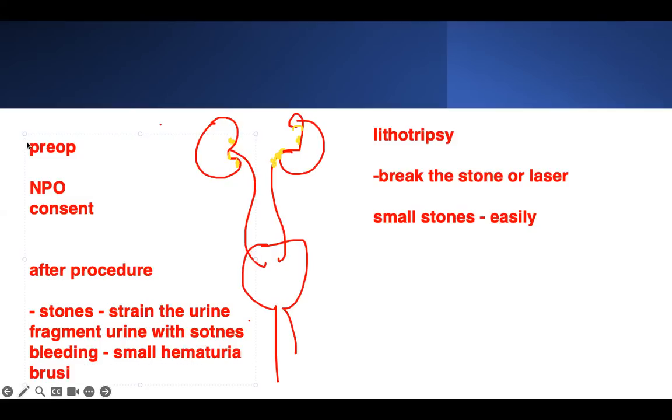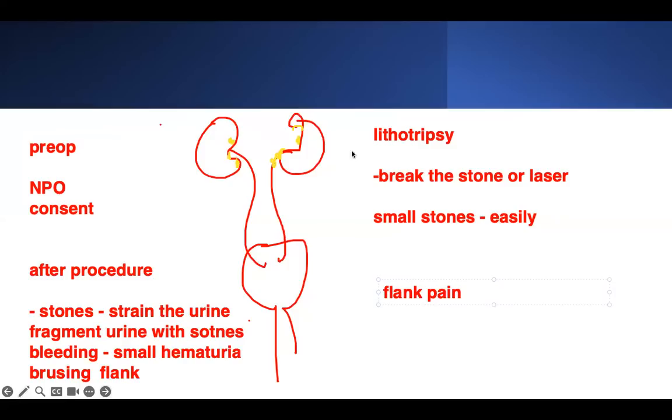They may have bruising in the flank. That is okay. And they may have flank pain, okay, because we burned that area. Anything other than that is a red flag, but these are things you should expect. I should expect stone in the urine, some fragmented stone in the urine.